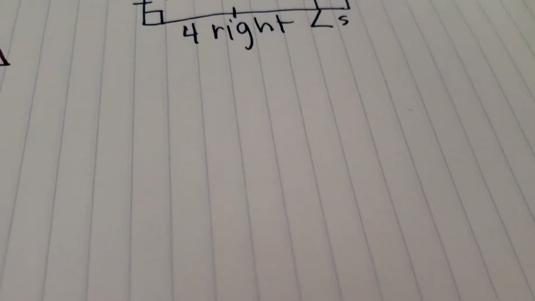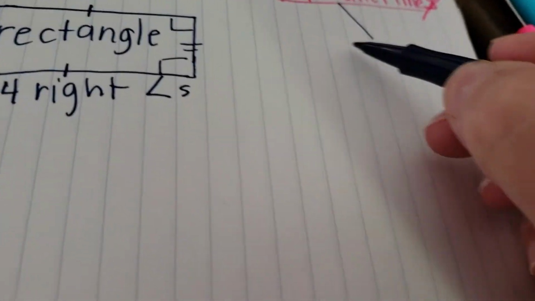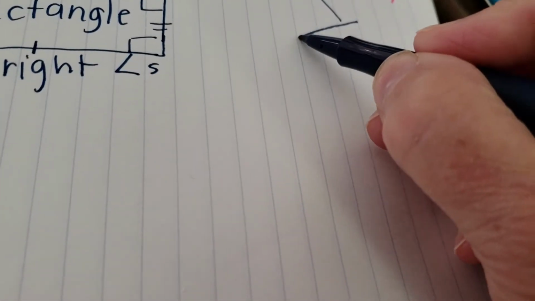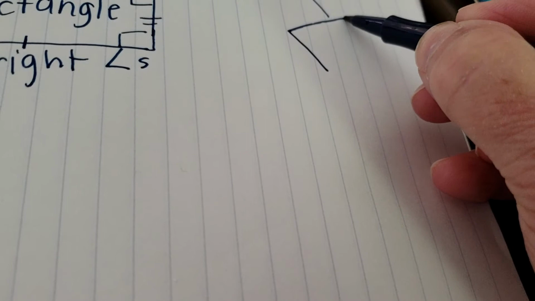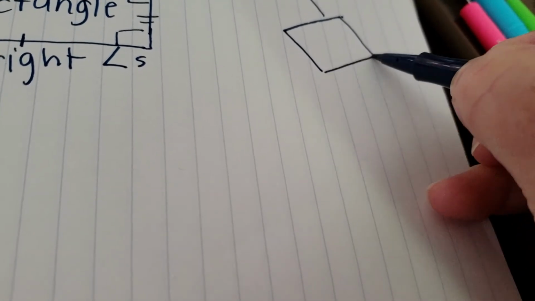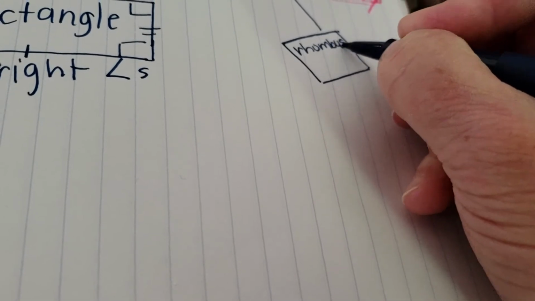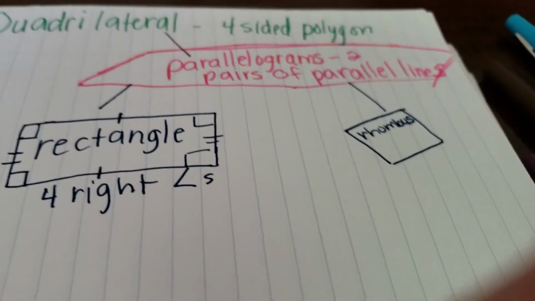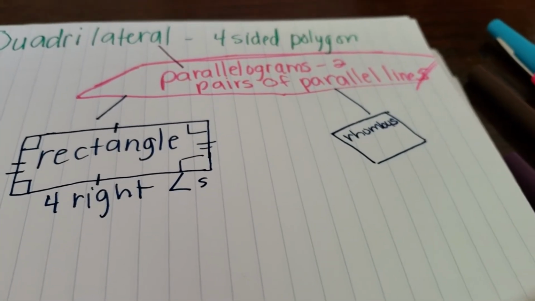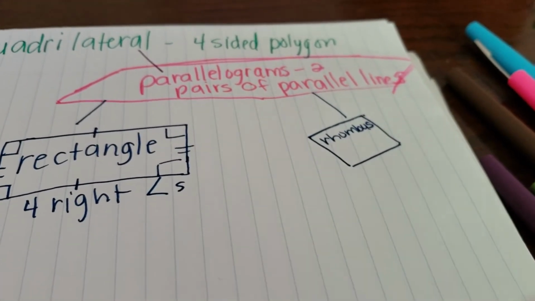Then you have a rhombus. Okay, a rhombus, and I've heard some of you say this year, a rhombus is just a sideways square. It can be, but it doesn't have to be.